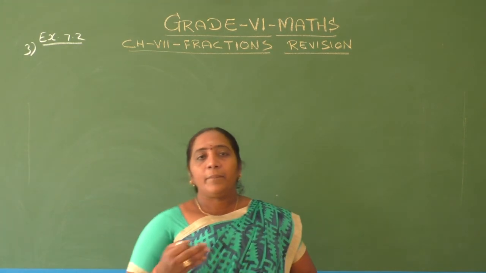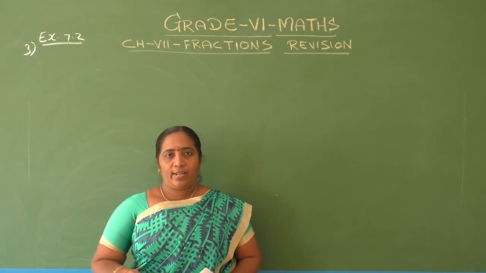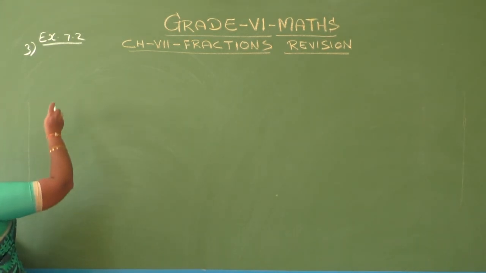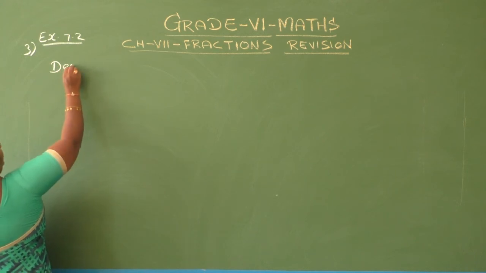They gave it in mixed fraction. Now we are going to change it into improper fraction. You have a formula for that. You already know that formula. What is the formula to change into improper fraction?